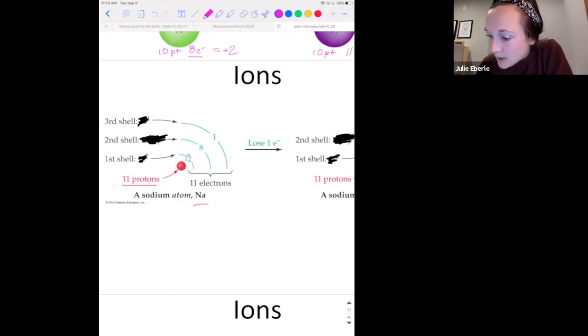And these numbers right here tell you how many electrons are in each shell. So starting out, a neutral sodium atom has how many valence electrons? Just 1. 1, thank you, Tucker. 1 valence electron, okay?